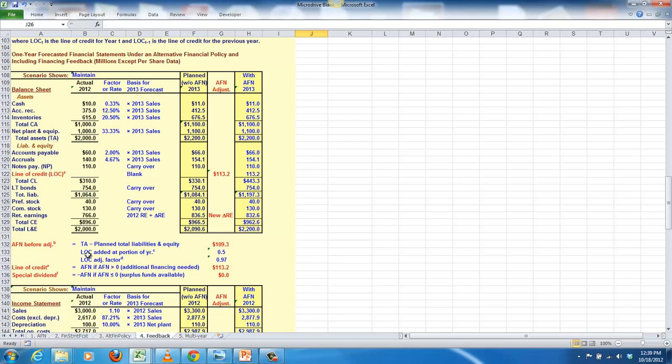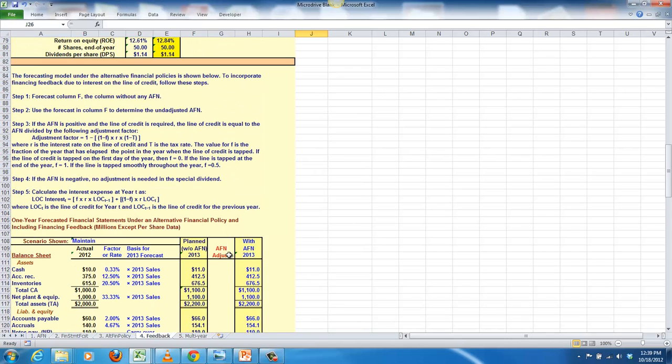First of all, this is LOC, the line of credit, added at the portion of the year. If we read up here, the adjustment that we're making, this is the adjustment factor. It's 1 minus the block parentheses, then regular parentheses, 1 minus F. And what F is, kind of, when in the year are we taking out that line of credit?